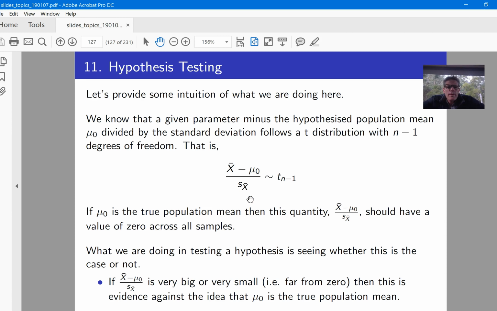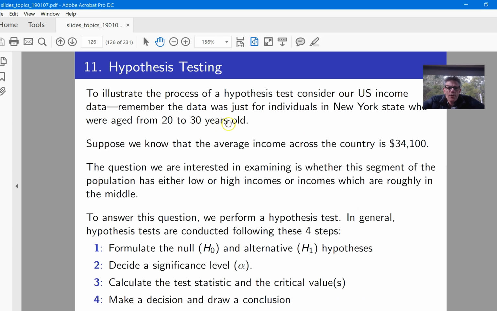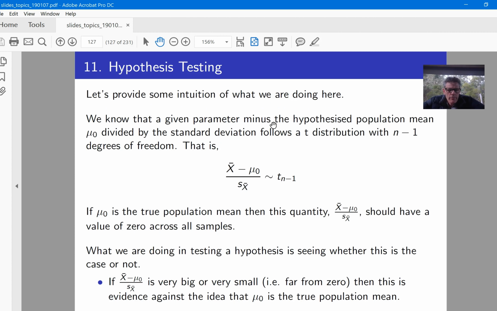Now, the building block of this, in the case of testing the mean, is something called a t-statistic based on the t-distribution. So we take a sample mean. We've got, in this case, a bunch of people who live in New York, and we know what the mean is for those people, and we really want to compare it with the 34,100, but we've only got a sample mean, so we just have to bear that in mind when we do the comparison.